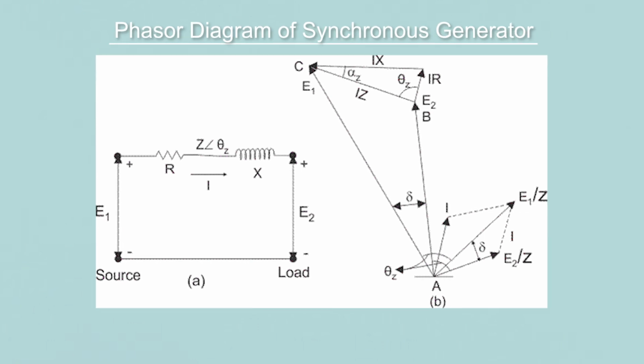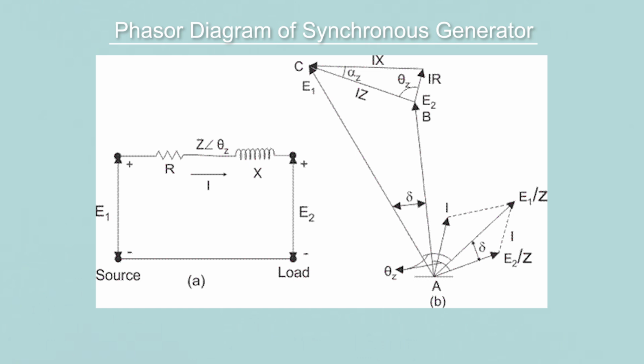Now these are the phasor diagram and equivalent circuit of the machine. As you can see, the flow of current in the equivalent circuit is from the induced EMF E1 to E2. Obviously we all know that the current flows from the leading side to the lagging side. So in this, E1 is leading E2.